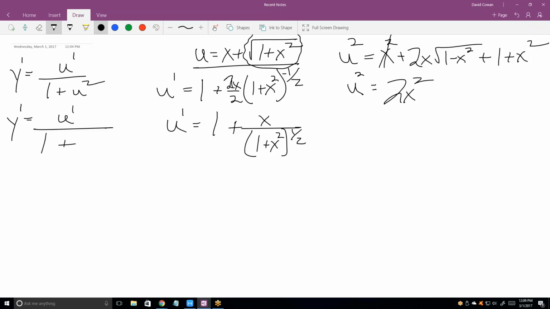Take care of that 2x squared term and that term, plus 2x times the square root of 1 plus x squared. Plus 1, excuse me. I usually cross the stuff out until I've crossed everything out, and I didn't see that there was still a plus 1 at the end of that. So that's what u squared is.